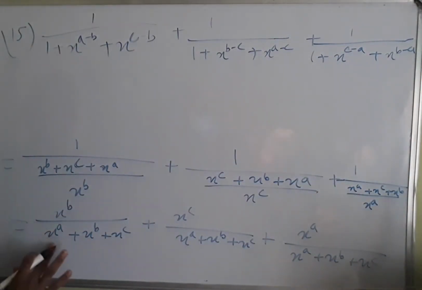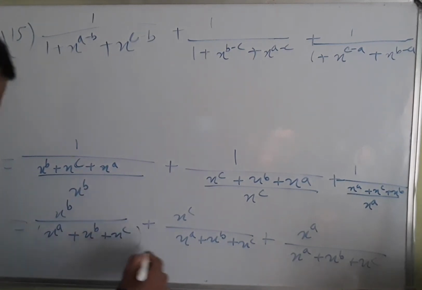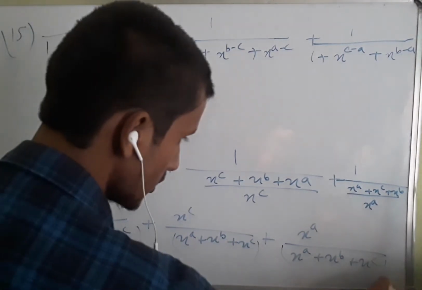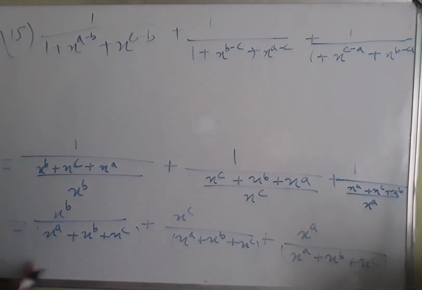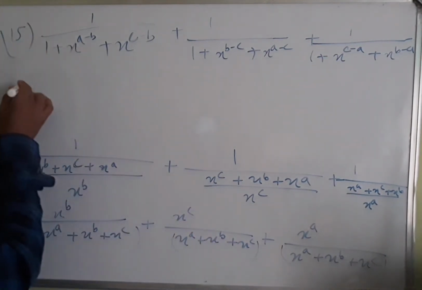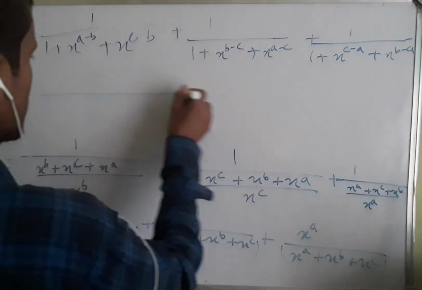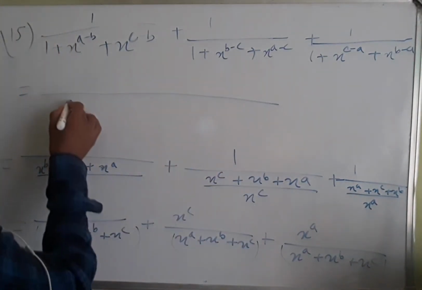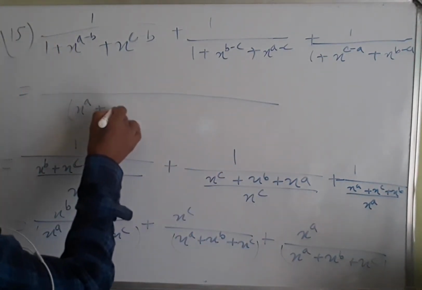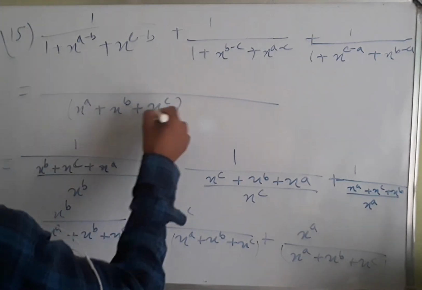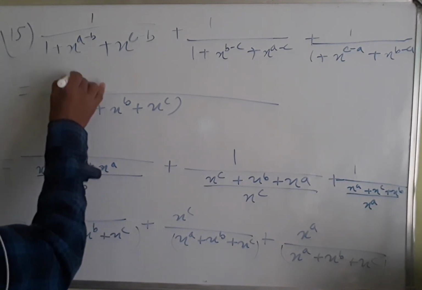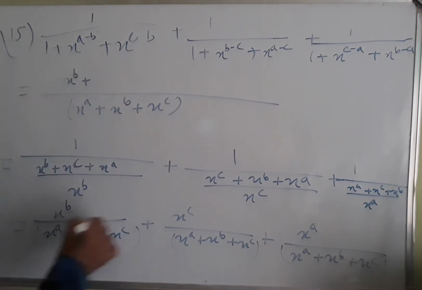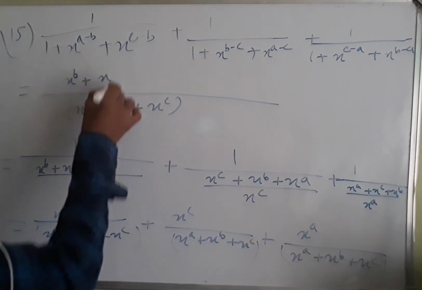So I have this thing common in all of the terms there. So this will be equal to, I have all the terms common there, meaning I can write this as x to the power a plus x to the power b plus x to the power c at the bottom, as I have all the terms common. Now what I will be left with on the top is these terms.